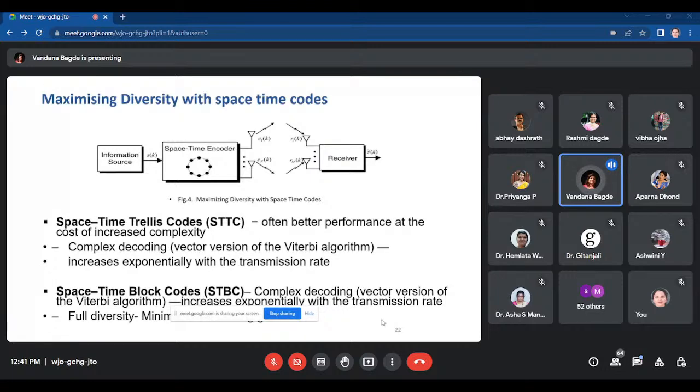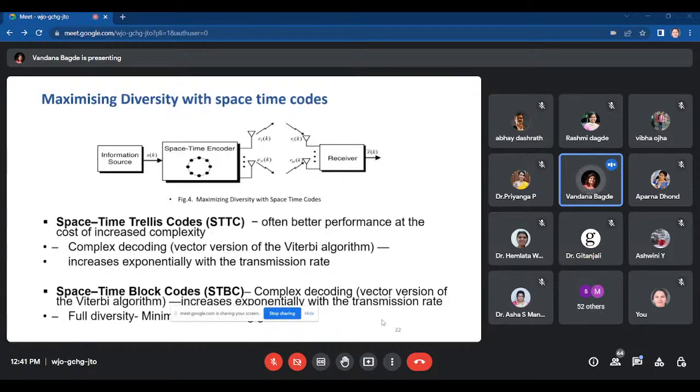The second one is space-time block codes. Here we are using block coding where the complex decoding can be done with the help of the Viterbi decoding algorithm, and then only we can achieve full diversity. Once full diversity is achieved, our purpose is solved.